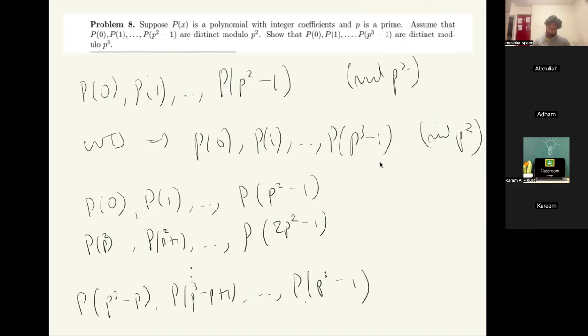So I grouped the values into P rows and P squared columns.